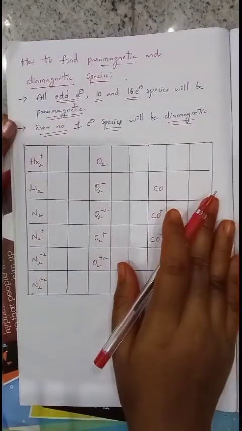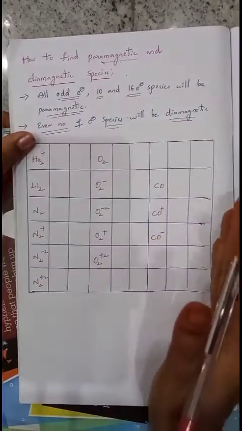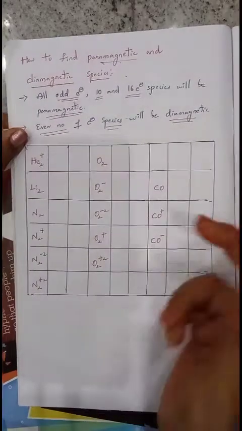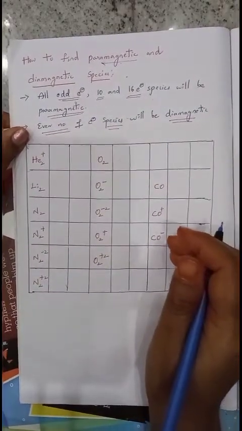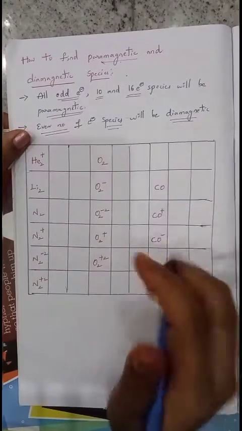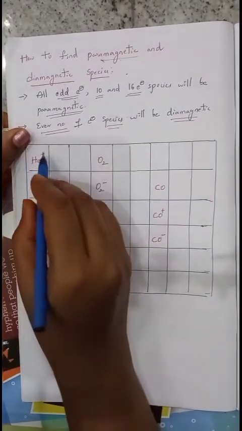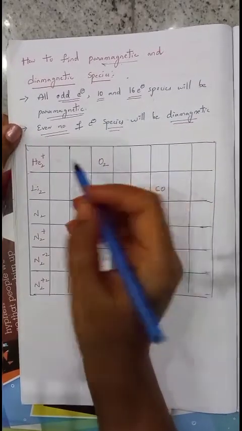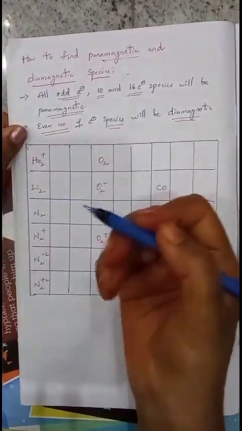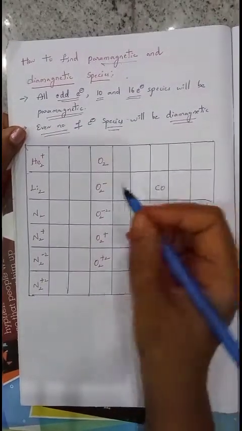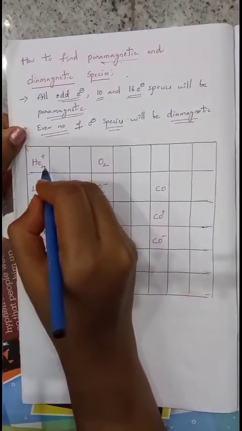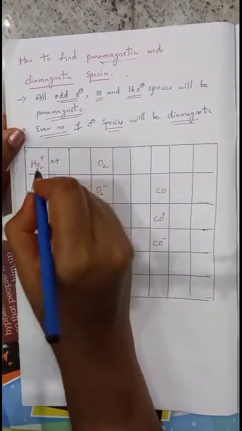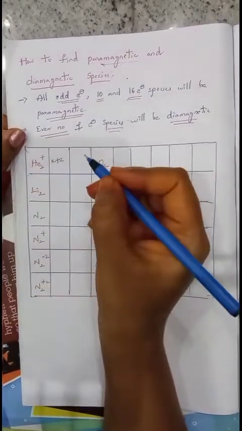Here I am giving a few examples and we'll try to solve whether each is paramagnetic or diamagnetic by calculating the total number of electrons present in that species. Firstly, He2 plus ion, that is helium 2 plus ion. First note down the total number of electrons present. Each helium contains 2 electrons, 2 plus one more helium, 2.